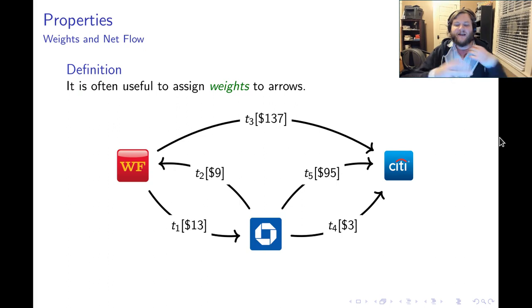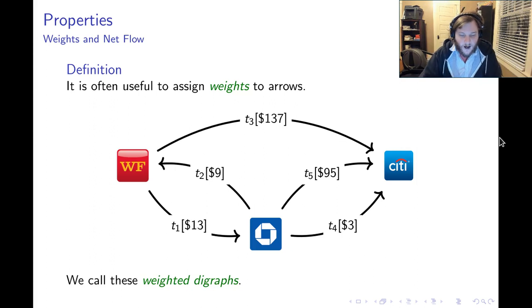So now we have a layer of sophistication in our model, and this is the idea behind a weighted digraph. We're associating numbers to each one of the arrows, and in this particular example, those numbers represented the size of the transaction. So if we're assigning special numbers to the arrows, these are called weighted digraphs.